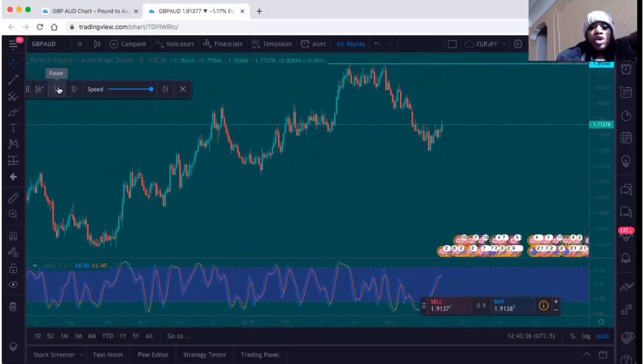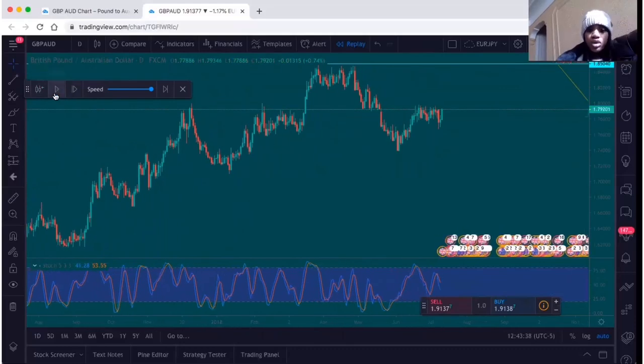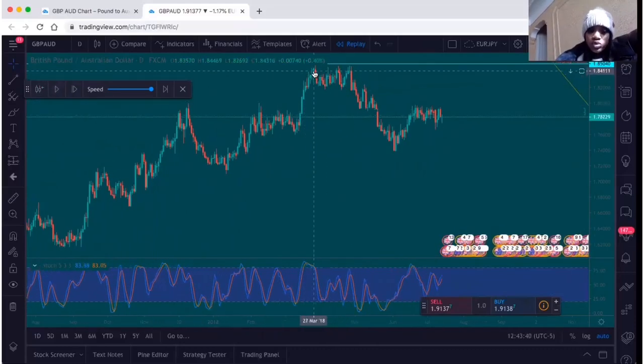So if you said you thought this was going to be a sell from right here, which was April the 2nd, it dropped 1,000 pips from this point to June the 6th, right? It dropped over 1,000 pips.